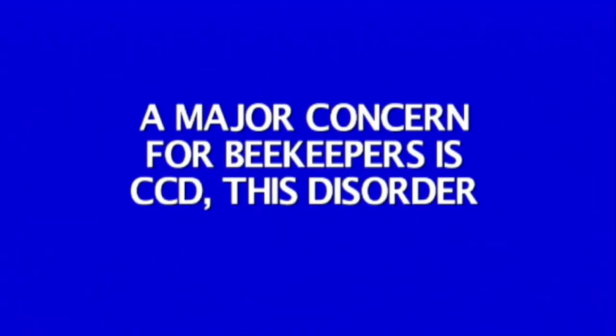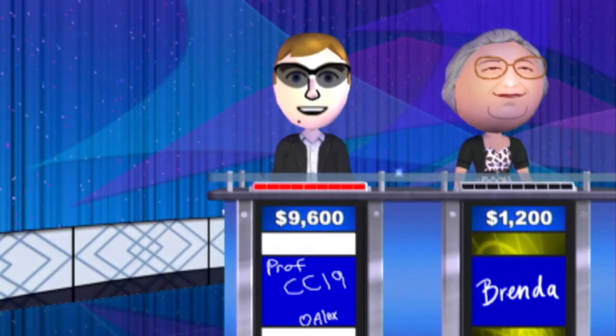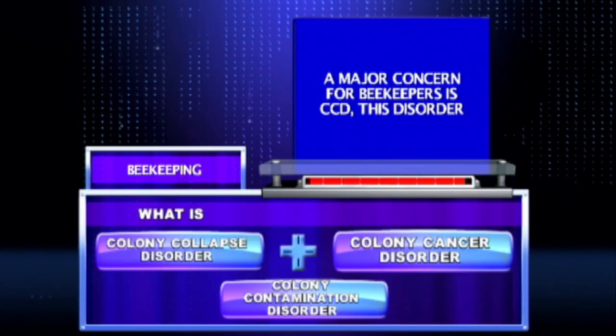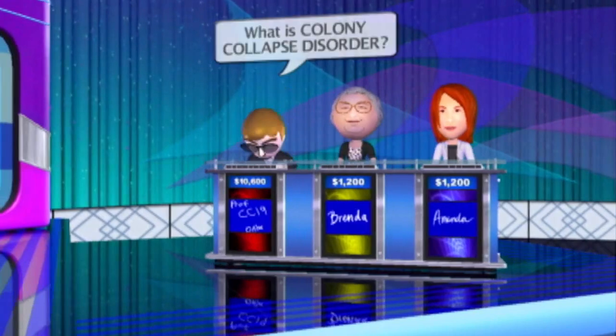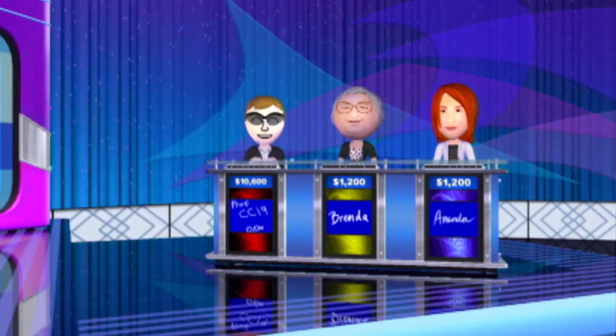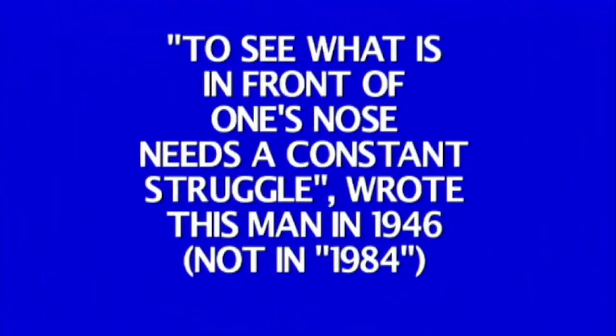A major concern for beekeepers is CCD, this disorder. Yes, Player 1. Right you are. Player 1, pick again. To see what is in front of one's nose needs a constant struggle, wrote this man in 1946, not in 1984.